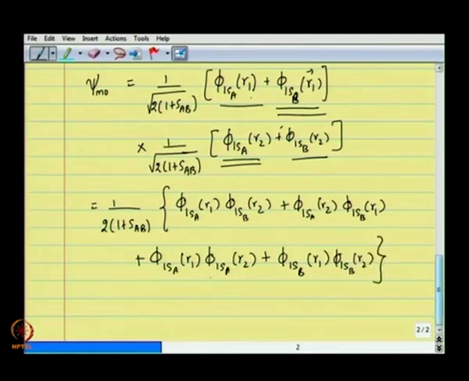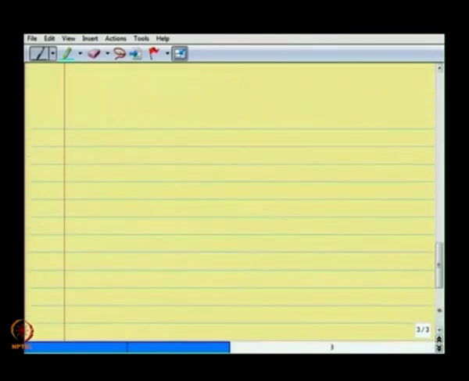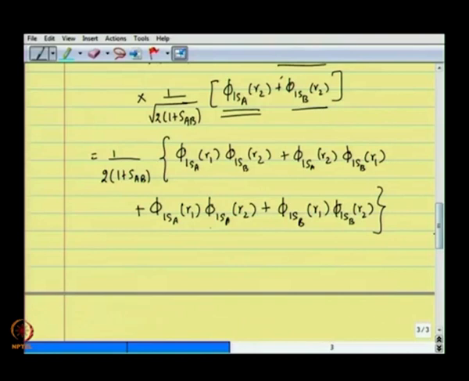Okay. The reason for organizing it this way should be clear in a few minutes when we discuss valence bond theory, but let us look at these terms individually.